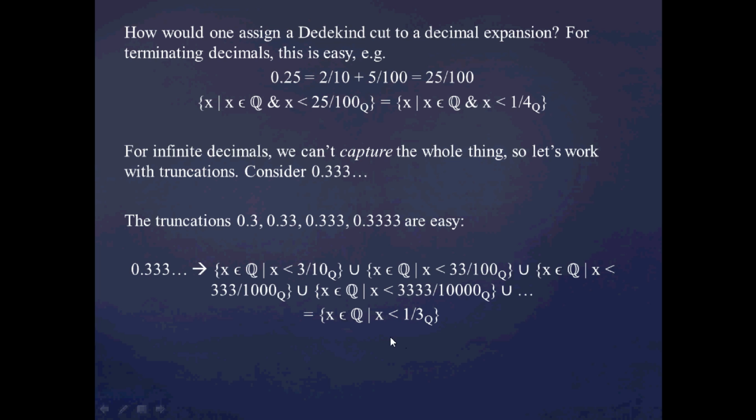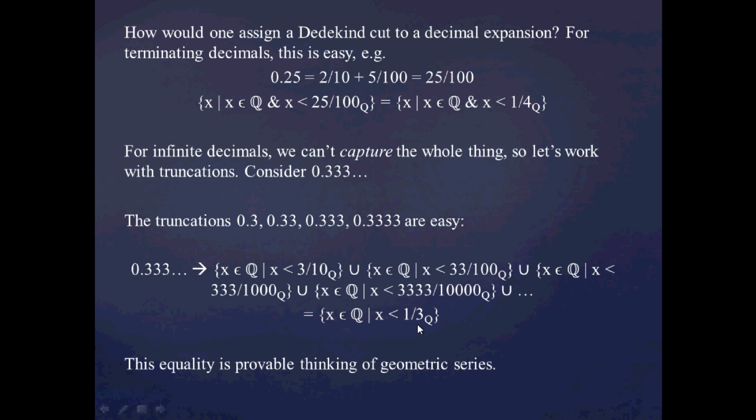Slightly more difficult is to show that this is a subset of this infinite union. That is, any member of this cut is found somewhere in this union. And if you're computationally oriented, you can actually determine which one of these cuts will contain some test value.